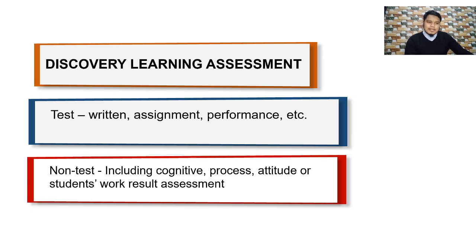The assessment that can be conducted in discovery learning has two kinds. The first is by test, such as written test, assignment, performance, etc. And the second is non-test, including cognitive, process, attitude, and students' work result assessment.